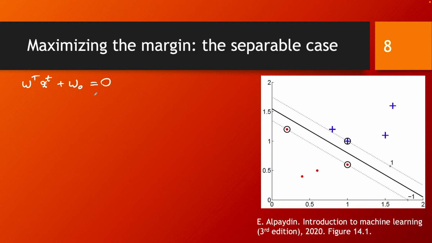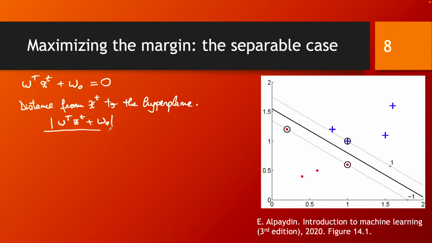And for a data point, the distance from the data point xt to the hyperplane, we know from geometry, is the norm of W transpose times xt plus W0 divided by the norm of W.